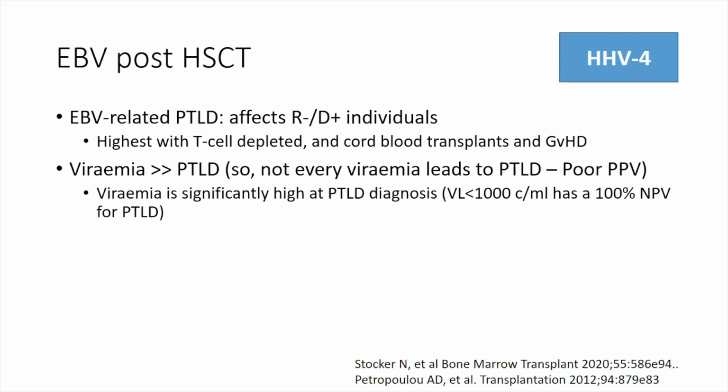But viremia is common, and not every viremia will mean that a person is going to develop PTLD. But the negative predictive value is good. So if your patient is not viremic or has a viral load that is less than 1,000 copies per mil or international units per mil, then the likelihood of PTLD is almost zero.